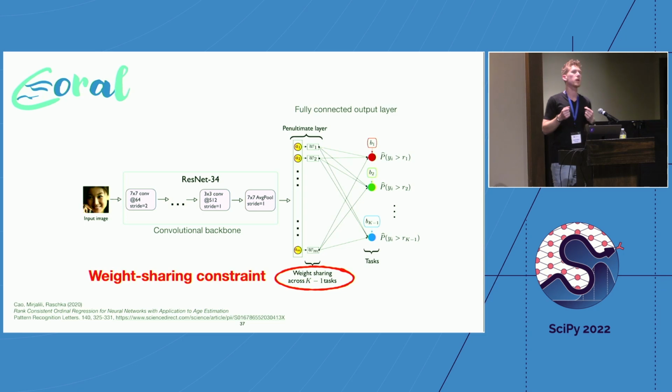And for a person from 70 to 72, the change might be more in terms of the skin texture or something. So it's hard to compare these 2 years from 10 to 12 to 70 to 72. And a regular regression would think it's the same distance, which is actually not true.